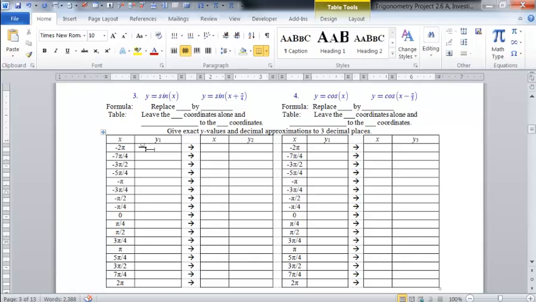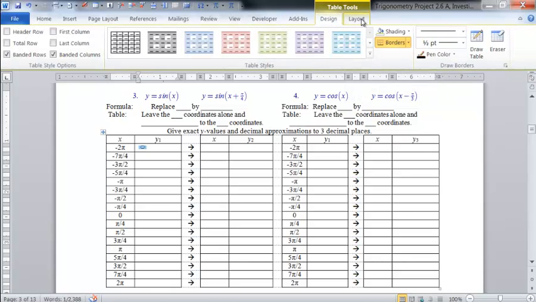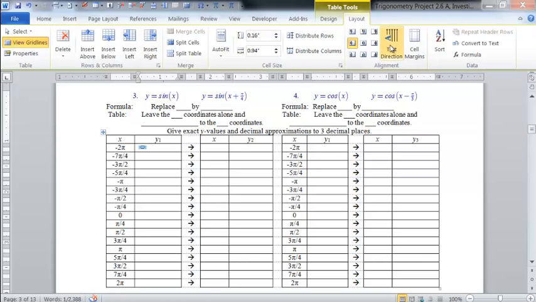So for some reason that's going sideways. It shouldn't be, but let me see if I just take this one and format that and paint it there. No, it's not doing it. So I'm going to highlight that, and there's a text direction. Let's see. It's either design or layout. Layout, text direction. There we go. That's the right way.